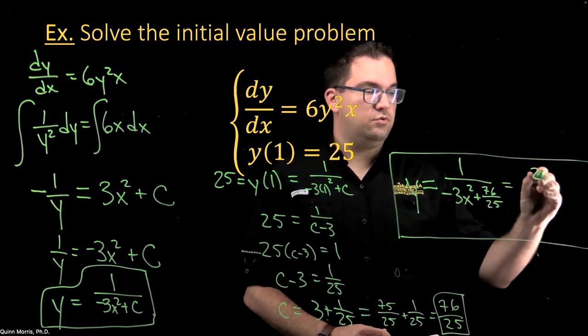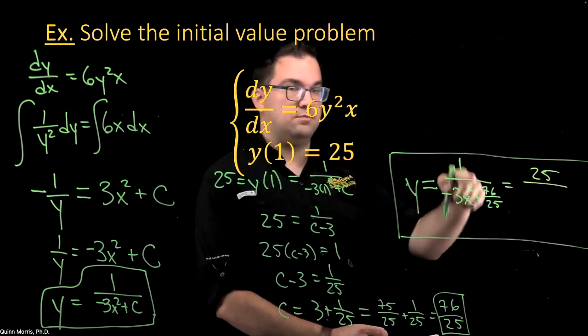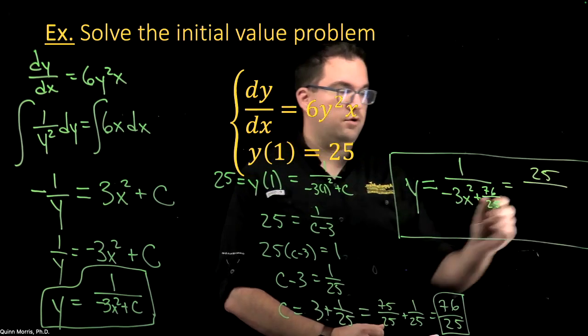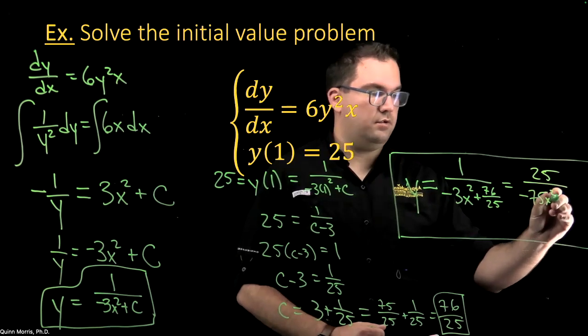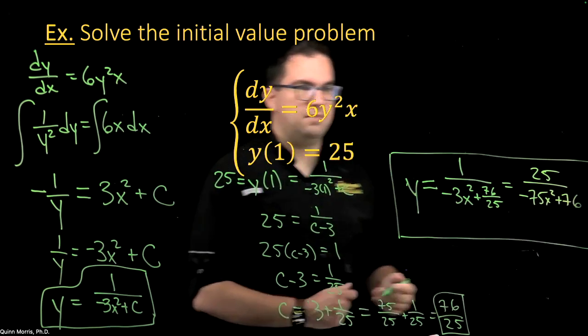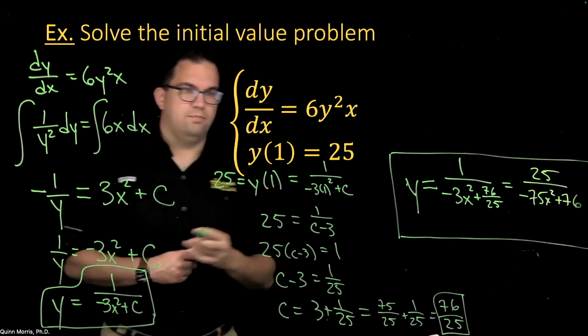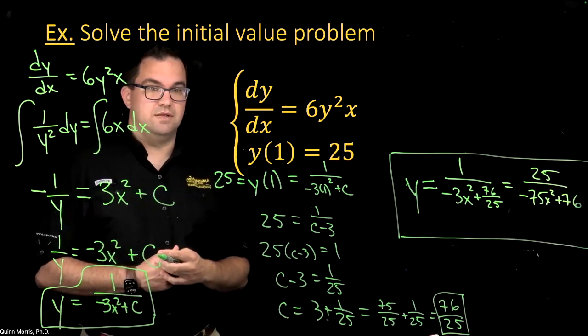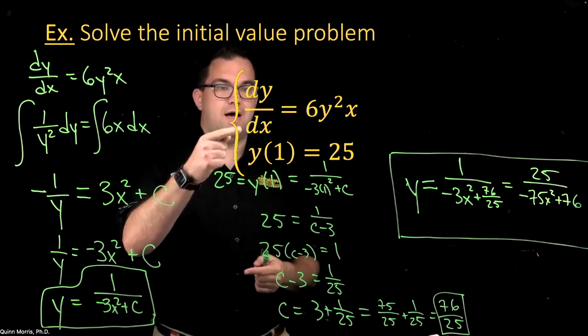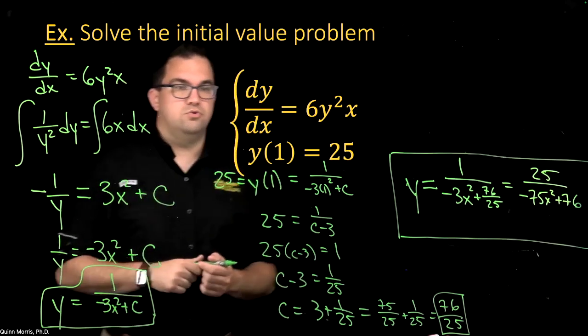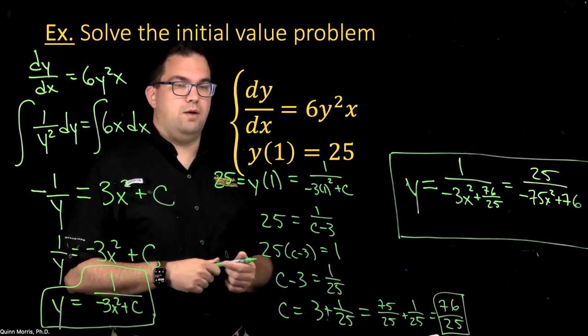That won't change the value because I'm doing the same thing to the numerator and the denominator, but it would give you 25 over minus 75x squared plus 76, maybe a little nicer form. Either of these are equivalent. But using my integration, I was able to find a particular solution to this initial value problem.